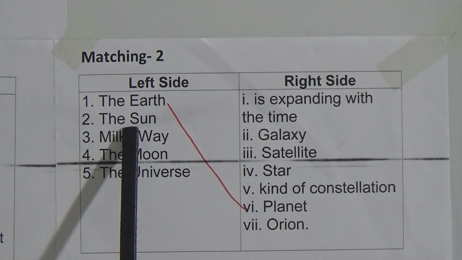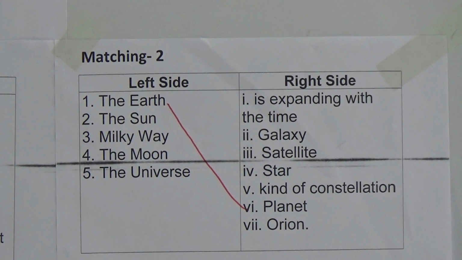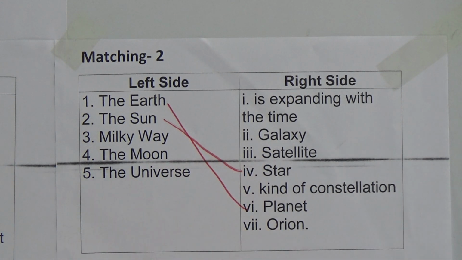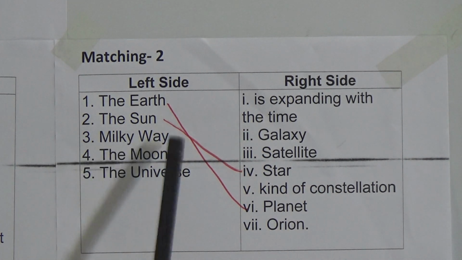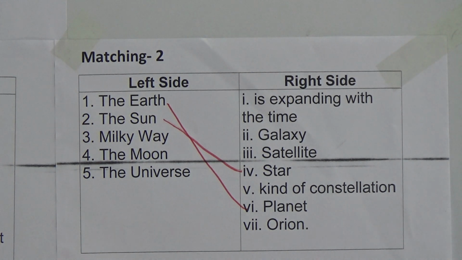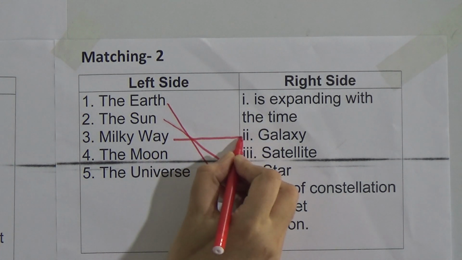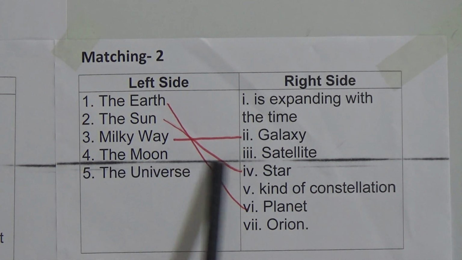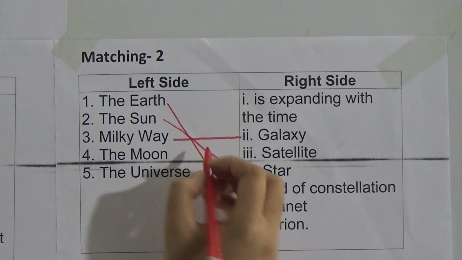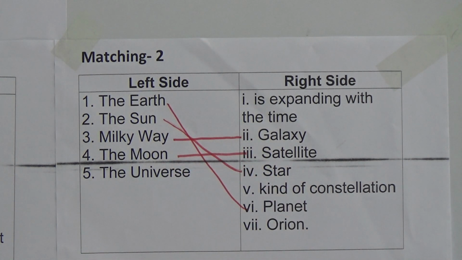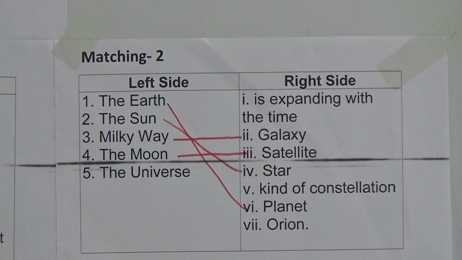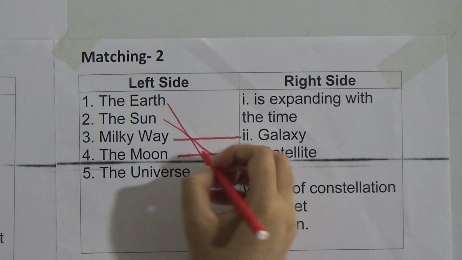And 2 is the sun. The sun is a star, then it will match with here 4. And Milky Way will match with galaxy. And then the moon will match with satellite. The moon is a satellite. And the last one, the universe is expanding with the time. It will match with 1.